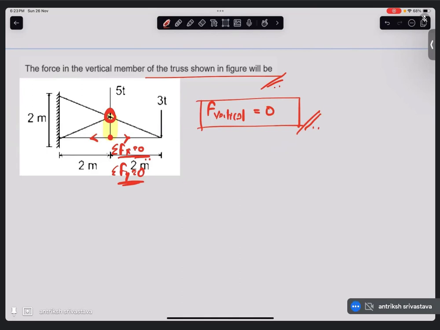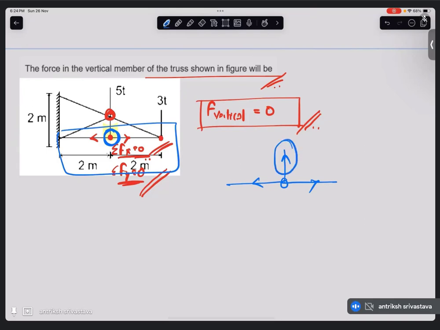See, very clearly you can see that each of the points in the truss has to satisfy these two equations. You may be conflicted by looking at a force here, but remember it has to satisfy the equilibrium equations at this point also. If you look at just this point, you can clearly see that there is nothing that is going to support the vertical force applied by this point.